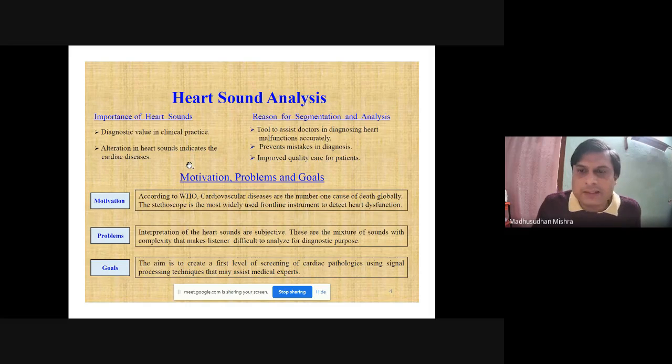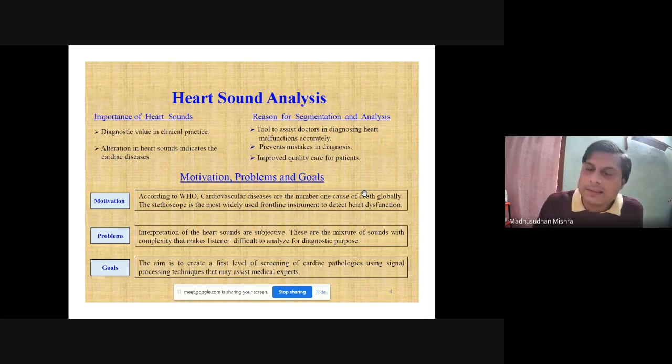That's why researchers have analyzed these heart sounds using various techniques in signal processing and machine learning. Mainly these tools are made to assist physicians in diagnosing heart malfunctions accurately.